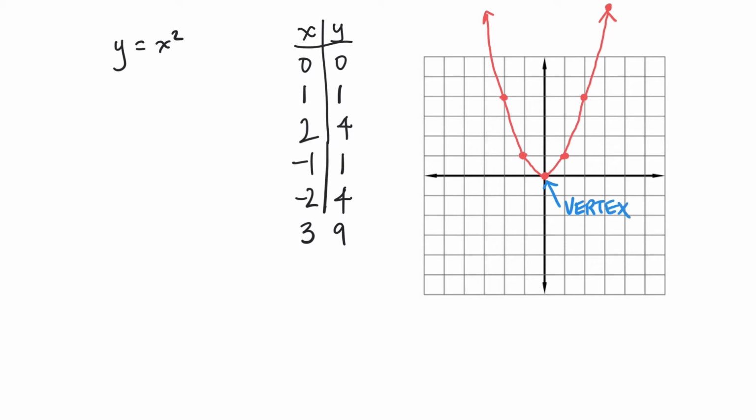And then you'll also notice that on either side of the vertex, you kind of have this symmetry that's occurring. And really, there is an axis of symmetry that occurs right down the middle of the parabola. In this case, it's along the y-axis, just because of the placement of the graph.